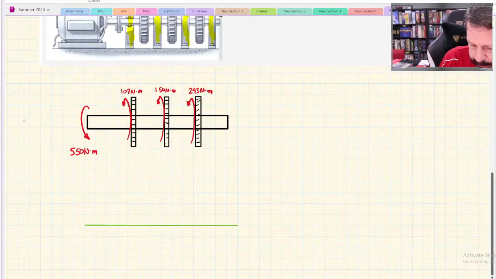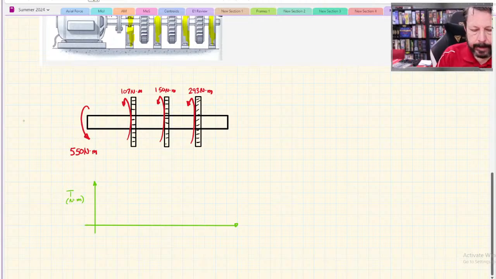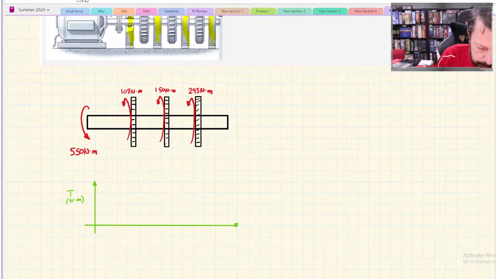So here is our reference axis, and here we've got our torque measured in Newton meters, and the input torque is 550. So let's say that that is counted by 200.